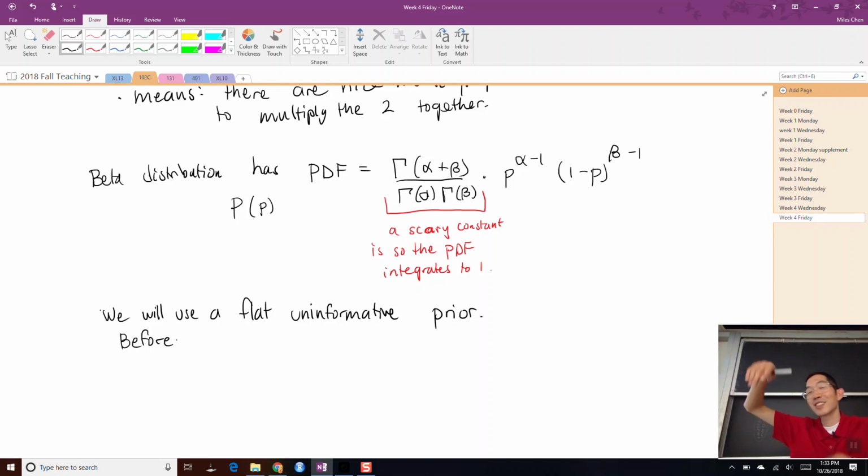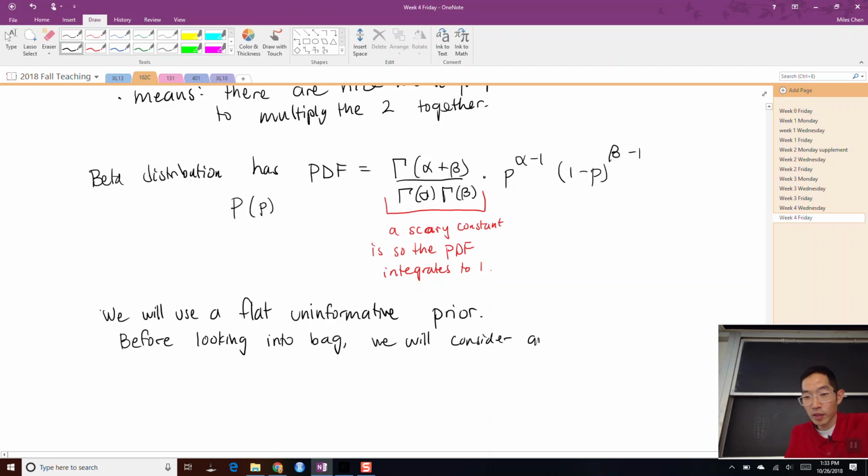Somebody says there's some red marbles in this bag. It's a secret, I'm not telling you. So before looking into the bag, we will consider any value between 0 and 1 for p as equally likely.